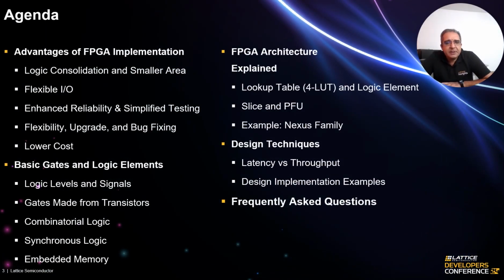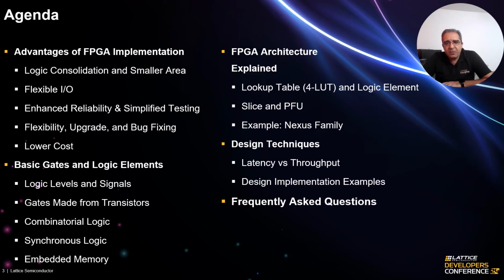With that, let's go through the agenda. In the agenda today, we have 4 main sections. We're going to start by going through the advantage of an FPGA. Why should we use an FPGA? The second section will be the basic gates and logic elements, which are the building blocks for any logic system.